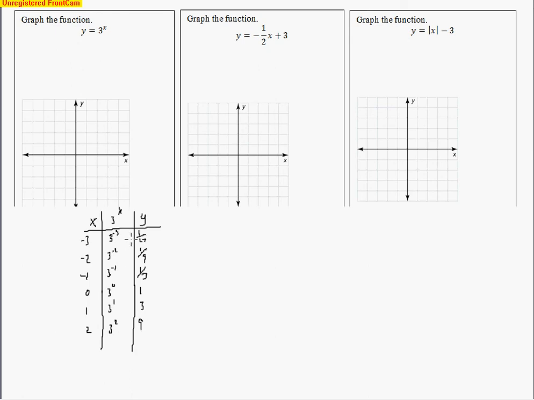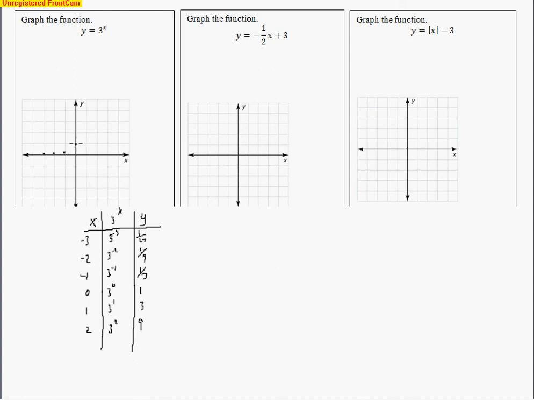I can't fit all these numbers in here, but I do see that as I go out to the left for negative numbers, the numbers are really close to the x-axis. For negative 3, it's 1 over 27, almost touching that x-axis, but not quite. 1 over 9 is pretty close to it, but a little bit higher. 1/3 is a little bit higher.